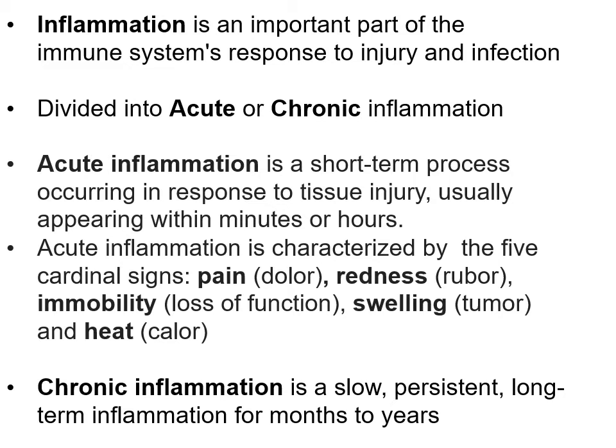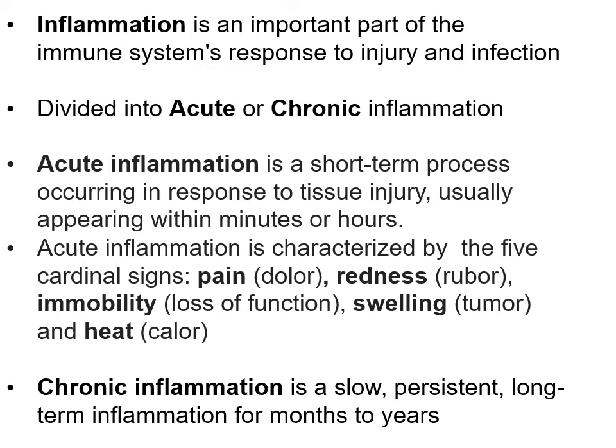So inflammation, I mentioned before, is divided into acute and chronic. We're spending most of our time right now on acute inflammation, which is this short-term process that occurs in response to tissue injury or infection. And it often appears within minutes to hours of either one of those happening, okay?